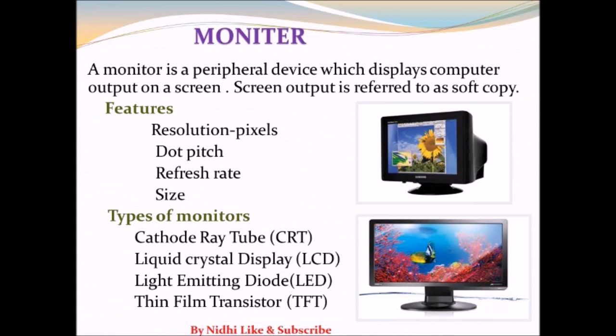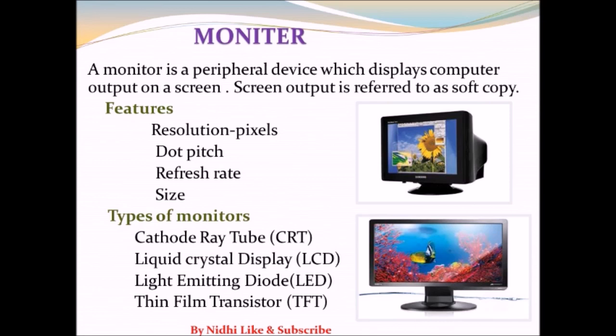So CRT monitors were the most common monitors used until flat panel screens became affordable. They consist of an electron gun, and in these monitors a beam of electrons lights up the phosphorus dots, which form the inner coating of the screen. They were in the form of old TVs.